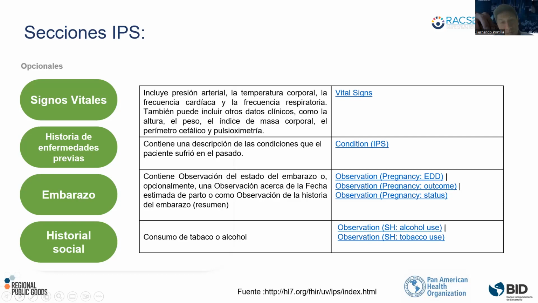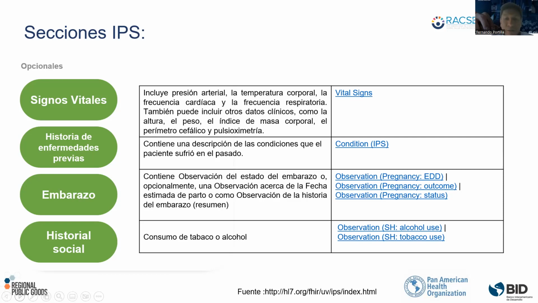Well, the history of previous diseases, the conditions and diagnosis of the patient is called a condition. Also, information related to the pregnancy. This is the third one. Here we can have the resource called observation, which is key for the results, for patient's information, you know, from lab information all the way to genomic data. It's very, very, very important.